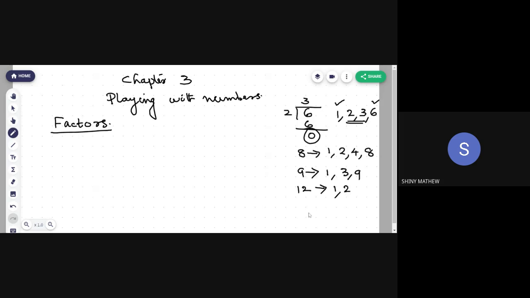Yes, because 2 6s are 12. So 2 is a factor. Then 3: 3 4s are 12, so 3 is a factor. 4 is also a factor. Then 2 6s are 12, so 6 is a factor. Then 12. So here we can see 6 factors for 12.